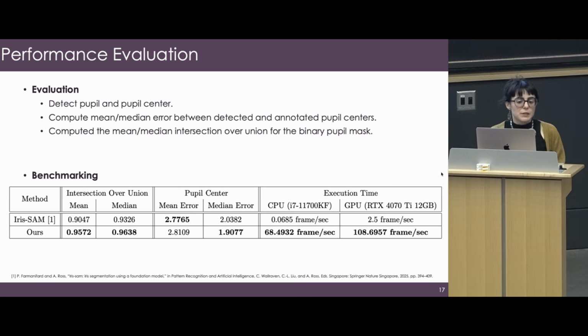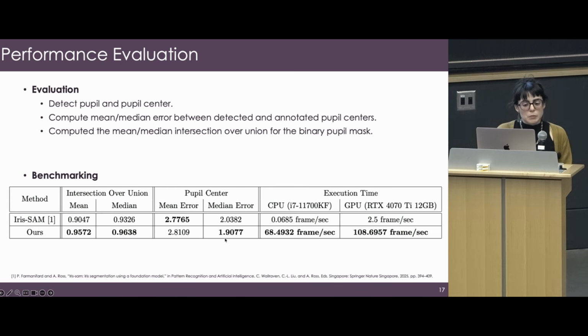And for our performance evaluation, we had a bit of trouble trying to find different methods to benchmark with, but we ended up finding one and it worked out pretty well. So we just compared the detected pupil and the pupil center, and we computed the mean and median error between the detected and annotated pupil centers, and we also compared the mean and median intersection over union of the binary pupil masks.